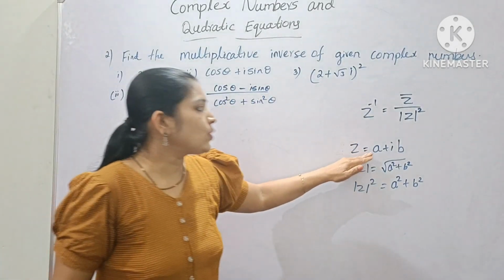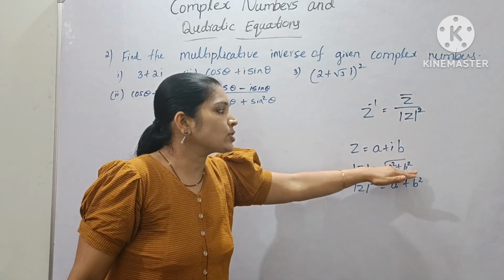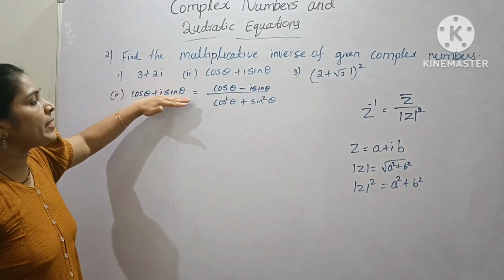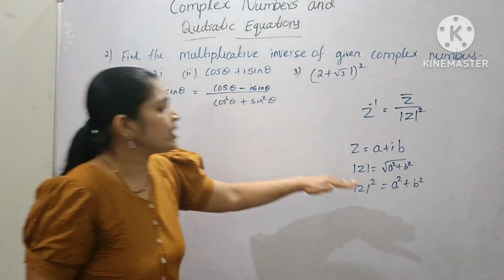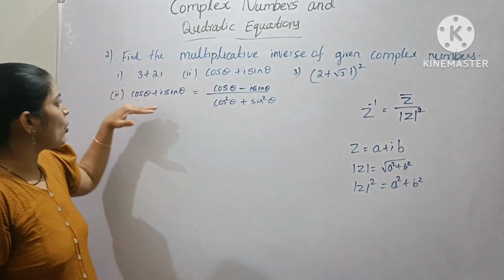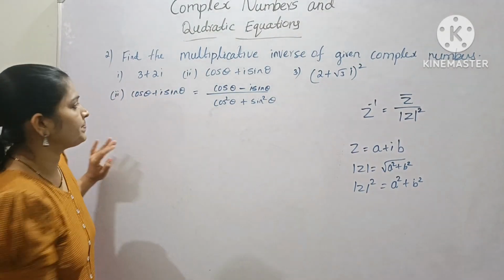If z is equal to a plus ib, then modulus of z is square root of a square plus b square, and modulus of z square is a square plus b square.